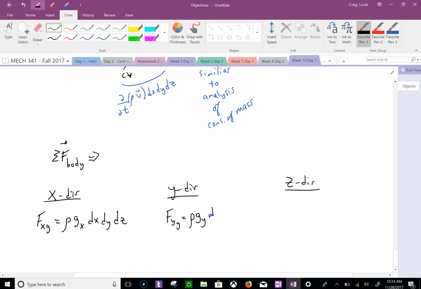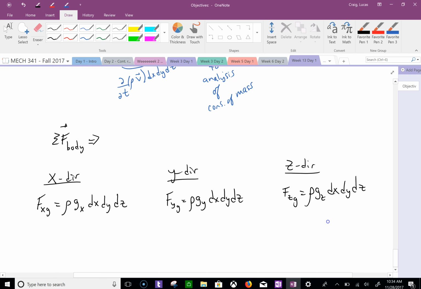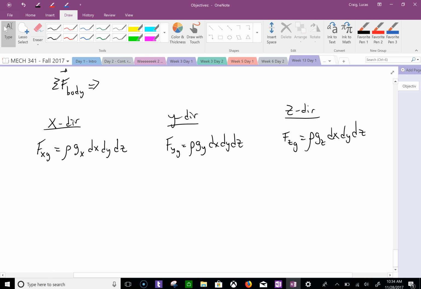But now we're writing in differential form, which is slightly different. So body is just your gravity terms, okay?